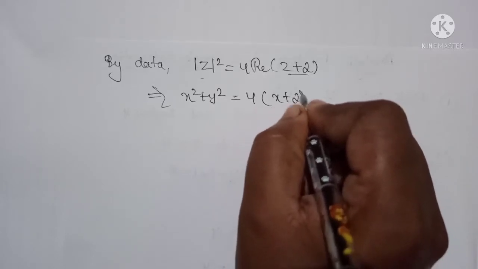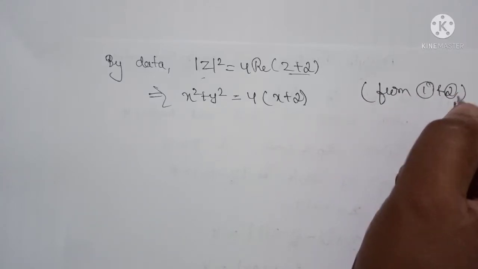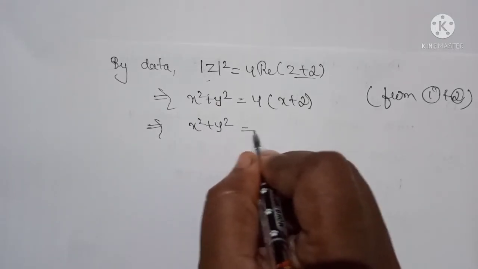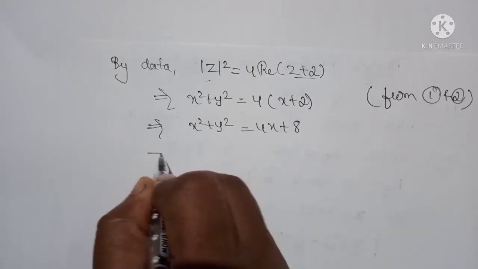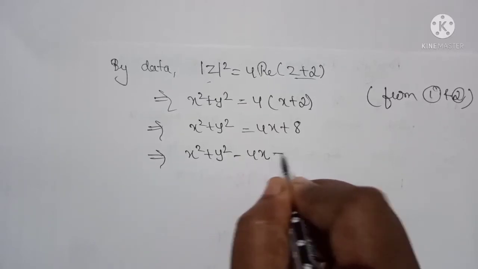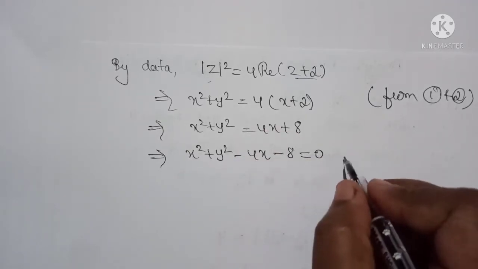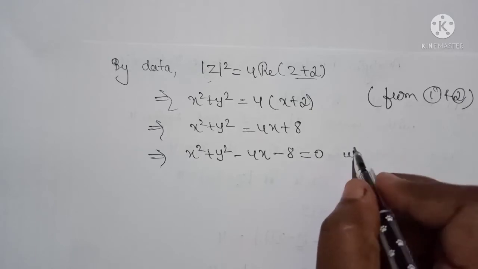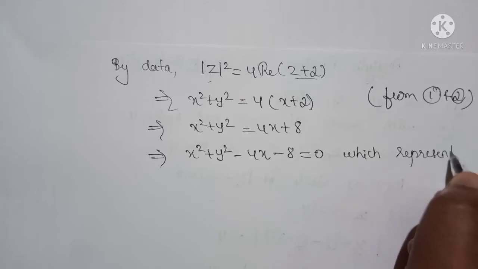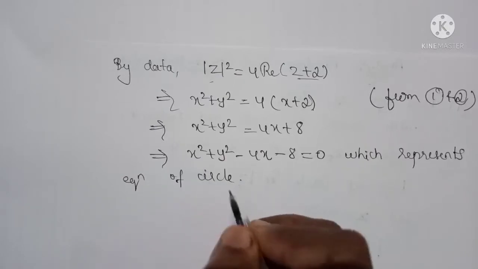Thus we substitute those values from equations 1 and 2. Now simplifying this, we get x square plus y square equals 4x plus 8, or x square plus y square minus 4x minus 8 equals 0. You can observe that this is the equation of a circle. So we have shown that it represents the equation of a circle.